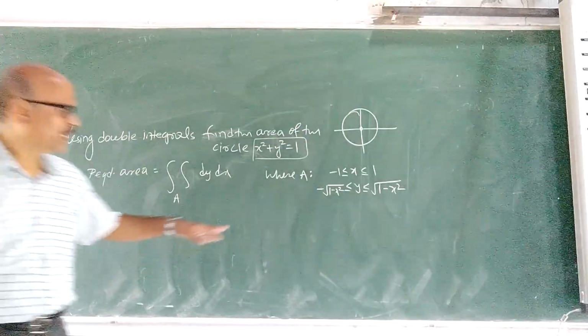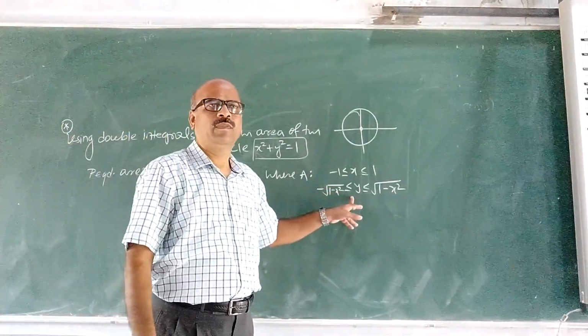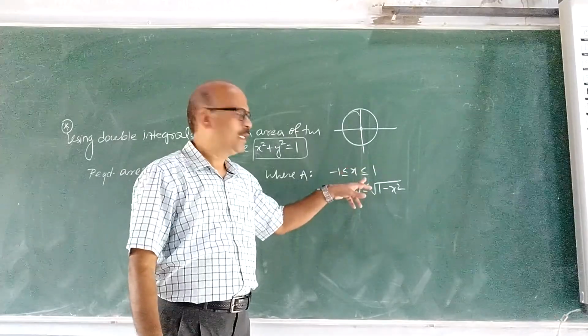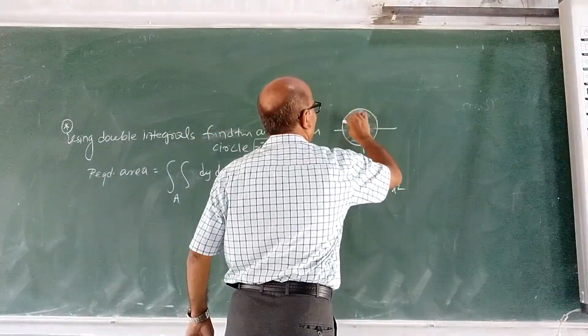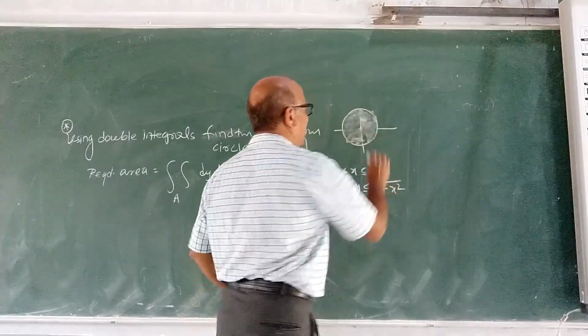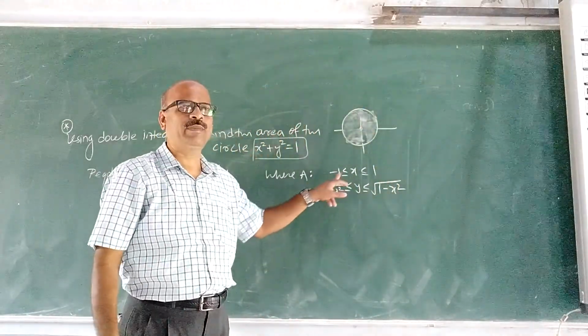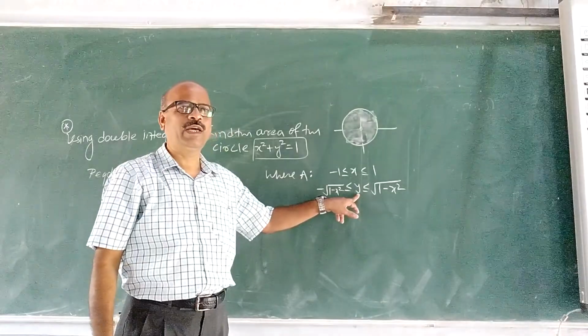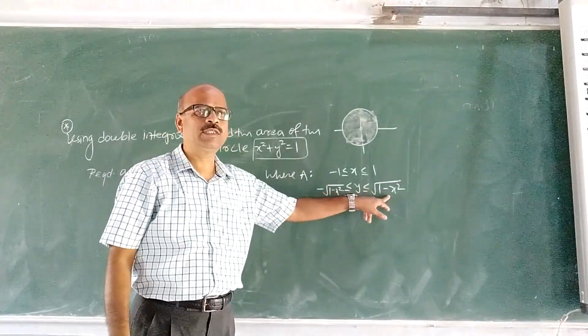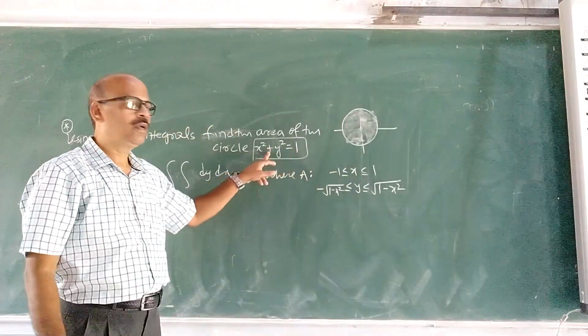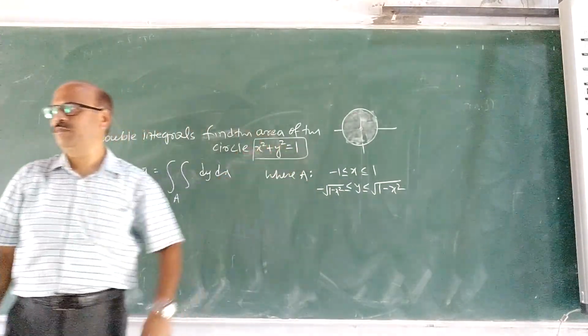I think there is no difficulty in this one. You can understand now, this is the region for the area of the circle. How to express this region in terms of inequalities? x varies from minus 1 to 1. The corresponding value of y varies from minus root 1 minus x square to plus root 1 minus x square, because y is obtained from this equation.